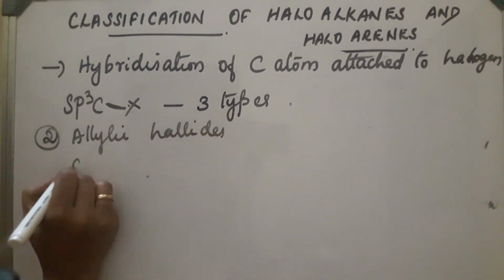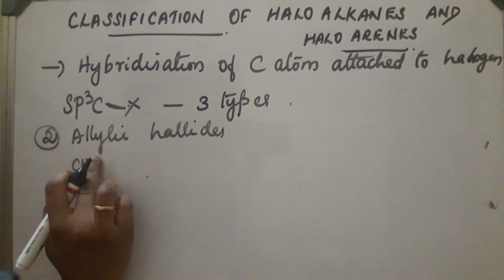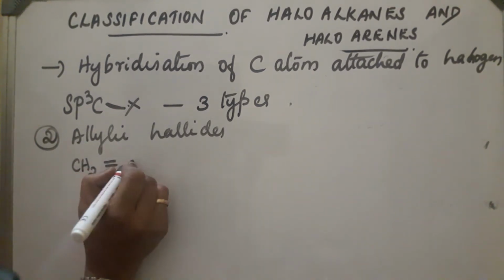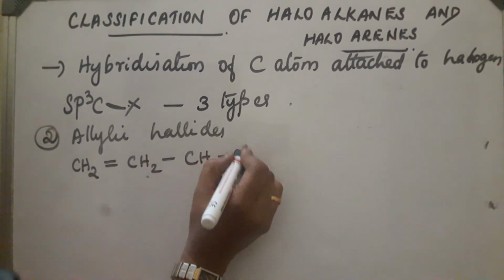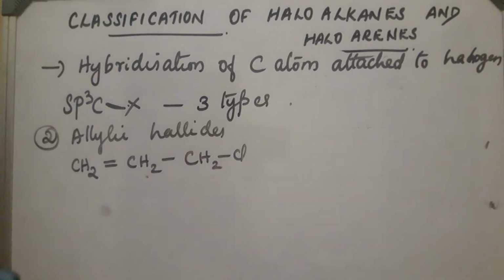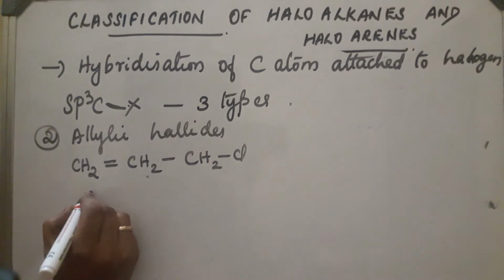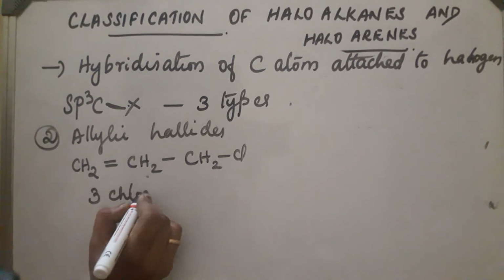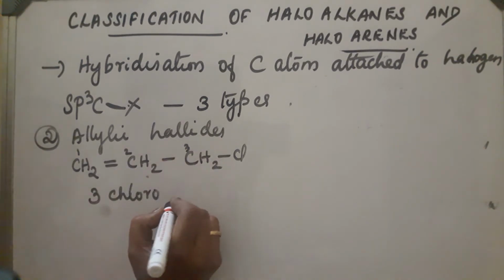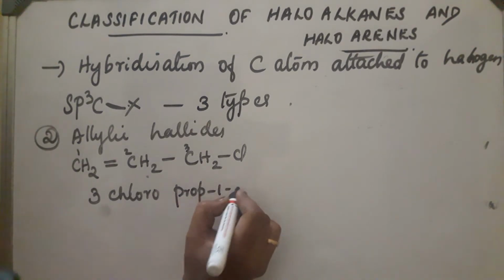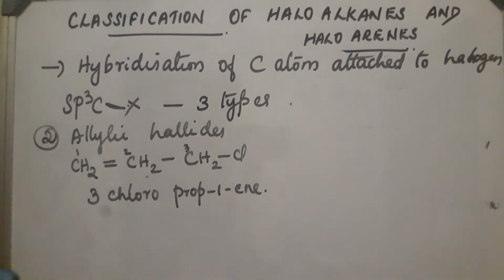Take one example, CH2=CH-CH2Cl. The compound name is 3-chloropropene.